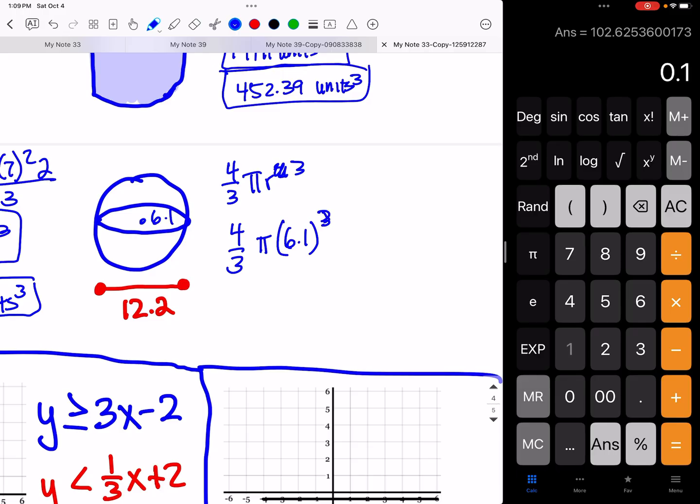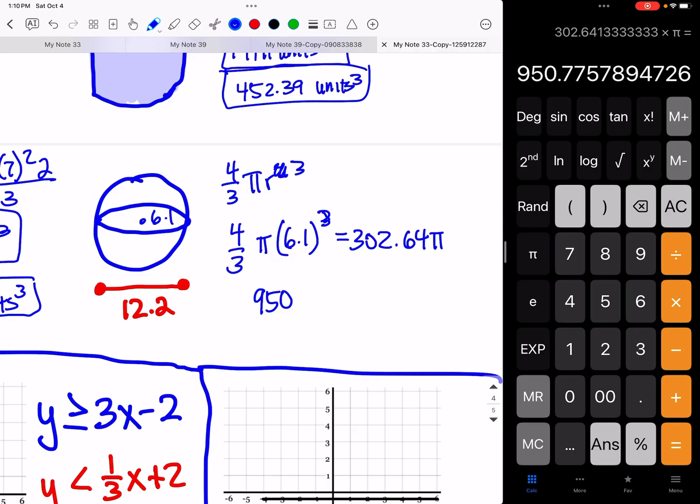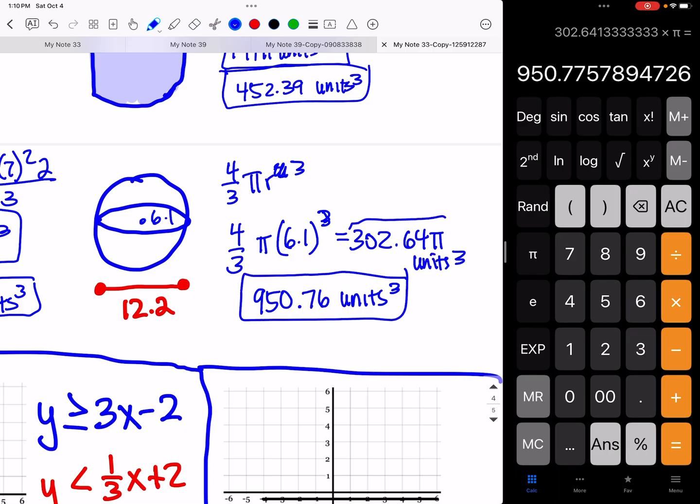All right, I'm just going to do 6.1 times 6.1 times 6.1 times 4 divided by 3 equals 302.64 pi. And if I multiply that by pi, it looks like about 950.76 units 3D.